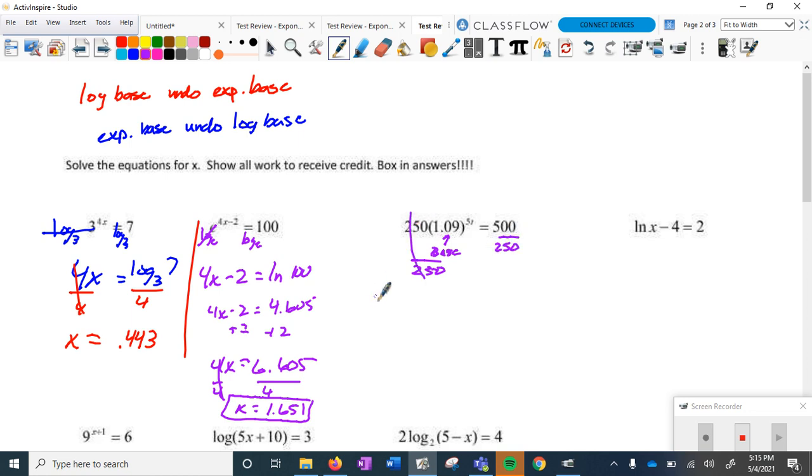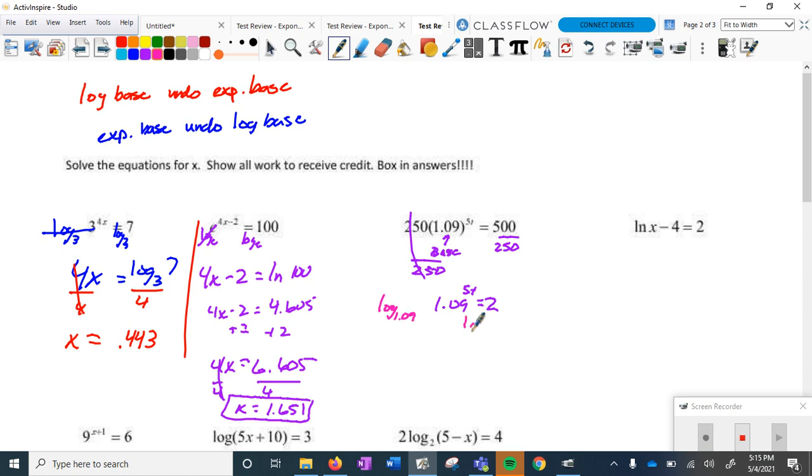And we got 1.09 to the 5t power equals 500 divided by 250, which is 2. Now we have an exponential base. How do we undo an exponential base? Use a log base. Oh no, it's got a weird decimal. So what? It's the base. Use a log base. Even though that exponential base is a decimal, use a log base to undo it.